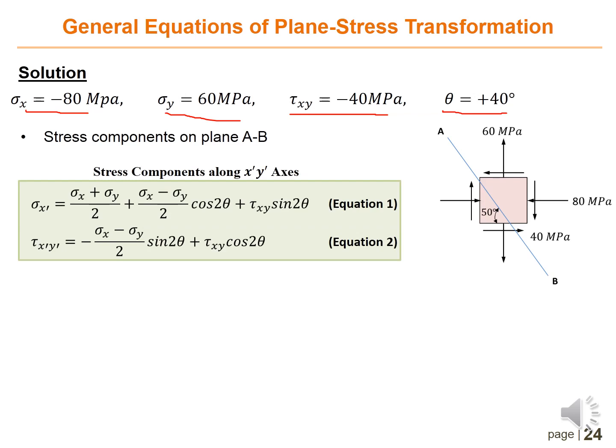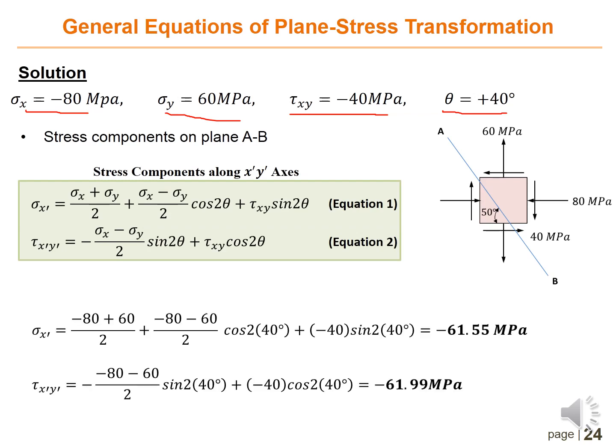You can use this equation for sigma x prime. You just substitute negative 80 and 60 for sigma y, and the same goes here.